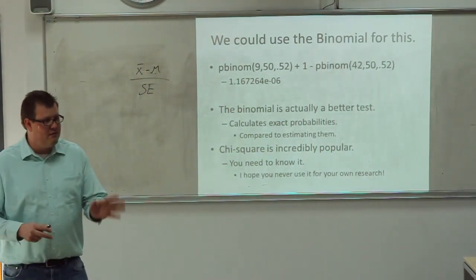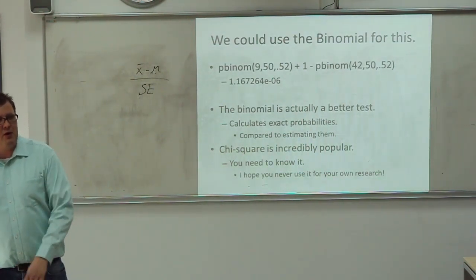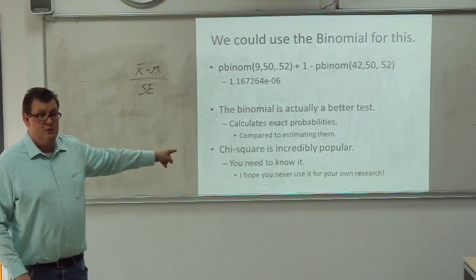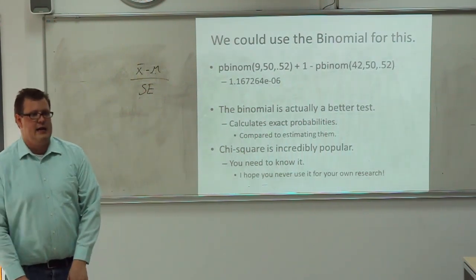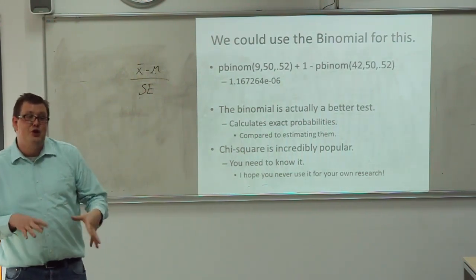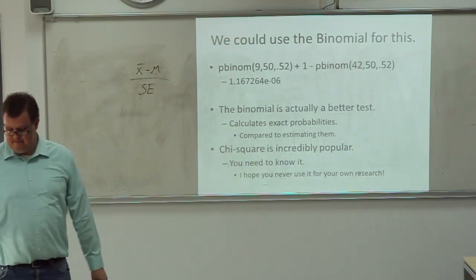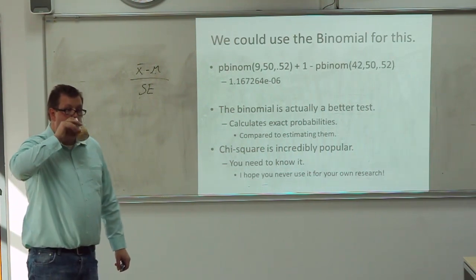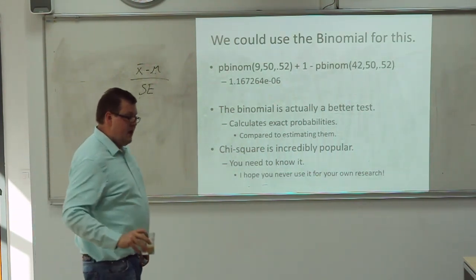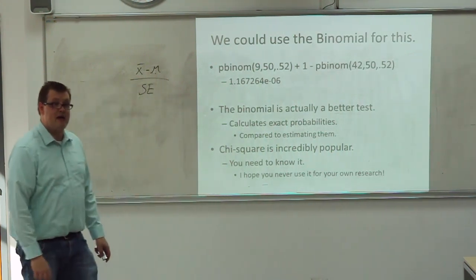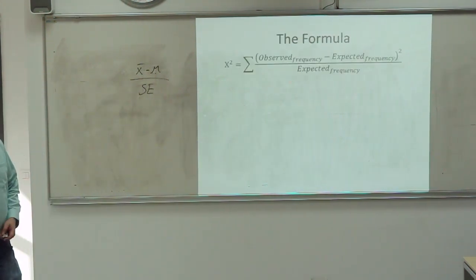Use the binomial or the multinomial. Because with the binomial, we can predict exact probabilities. We can figure out exactly the probability, not a guess that should be pretty close. With chi-square, we have more errors? We will see.